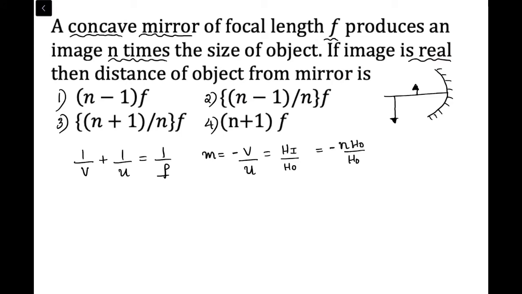Now from which we get minus v by u equal to minus n. That's what we get, correct? That implies v is equal to n times u.